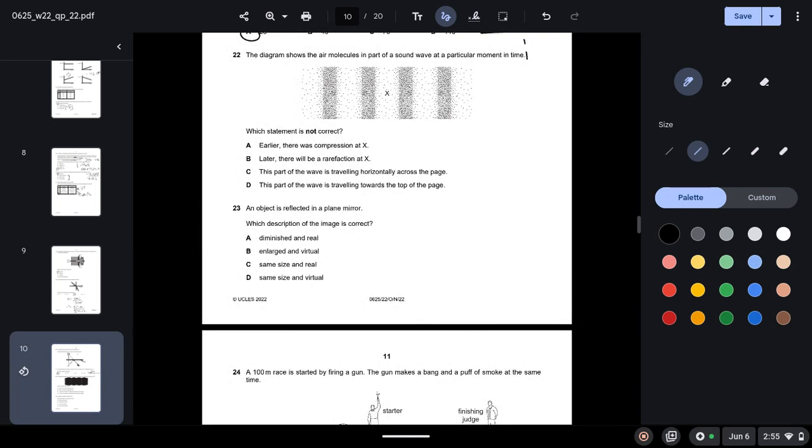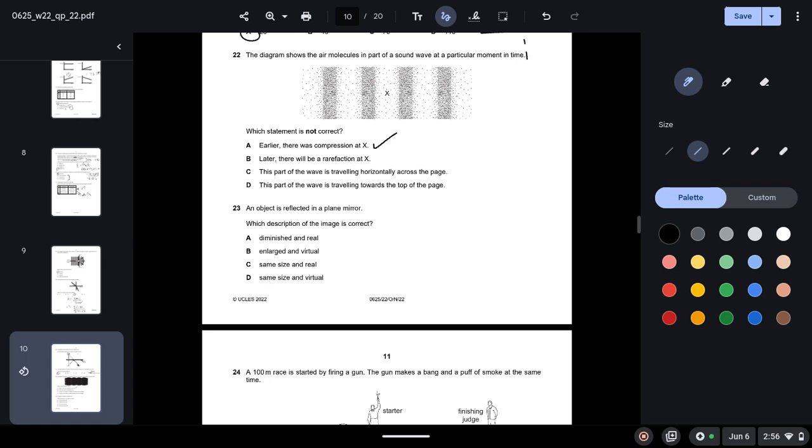The diagram shows the air molecules in part of a sound wave at a particular moment in time. Which statement is not correct? Earlier there was a compression at X. So this is true. We know that a sound wave consists of compressions and rarefactions. So at the same point there will also be a compression and then later a rarefaction. So it alternates between a compression and a rarefaction. At each point in the wave, that point will experience both.